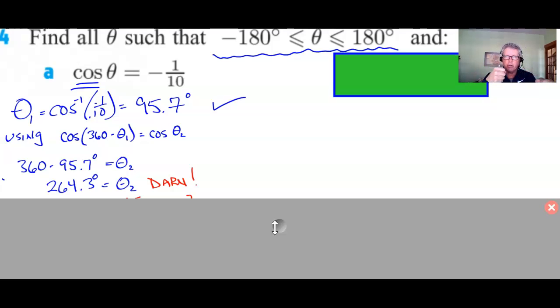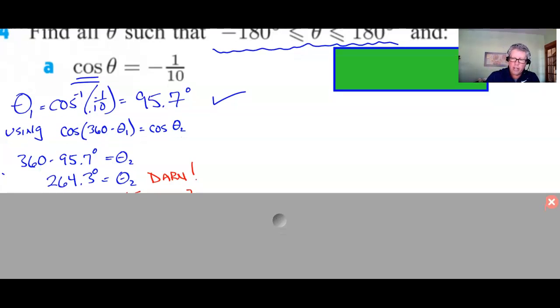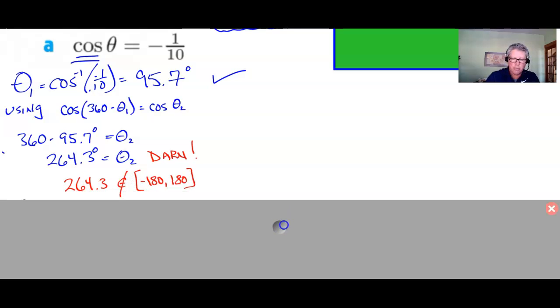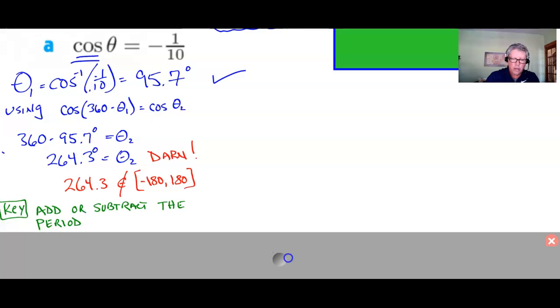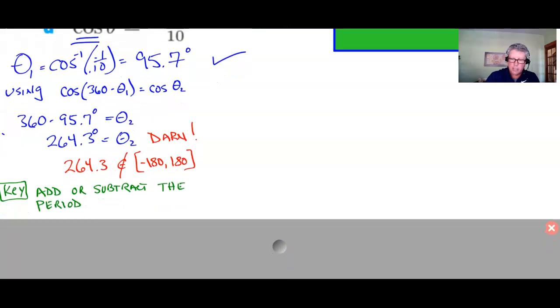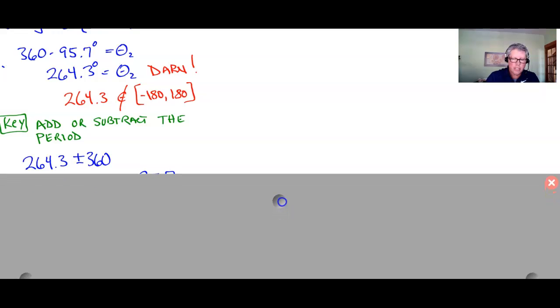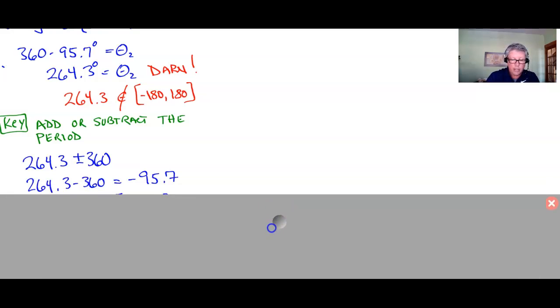I can add or subtract 360 to get another angle. I don't think adding 360 is really going to get me between negative 180 and positive 180. So in this case, I'm going to choose to subtract 360 to bring it between 180 and negative 180. And I get negative 95.7. So that is certainly between negative 180 and 180.